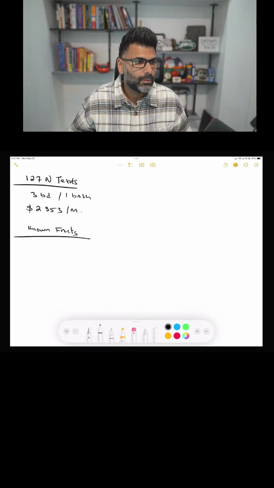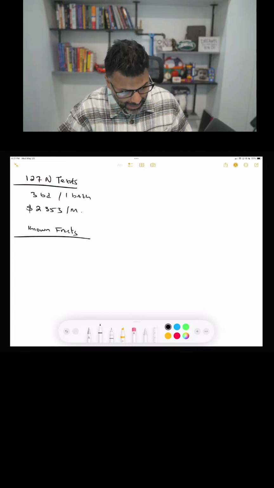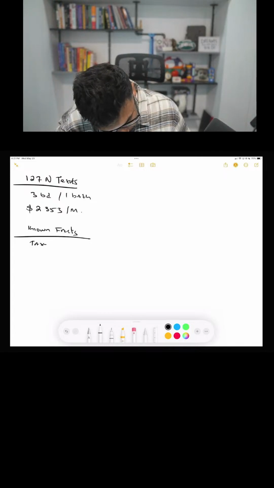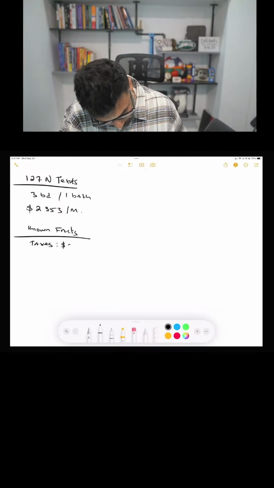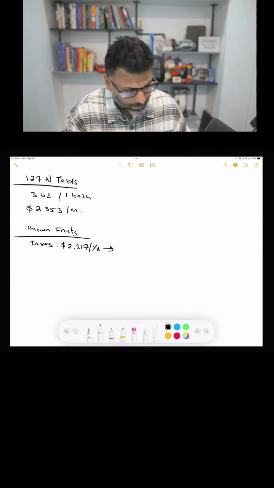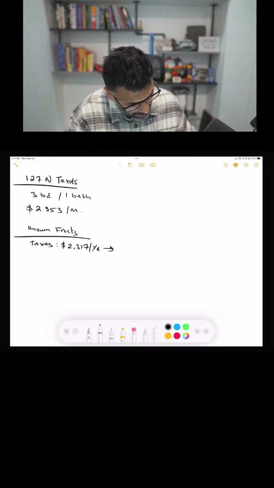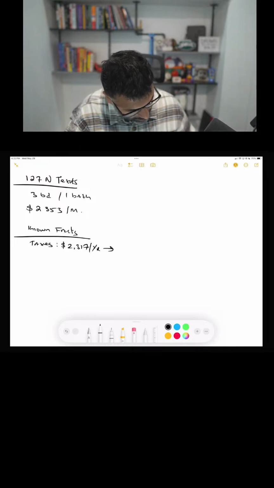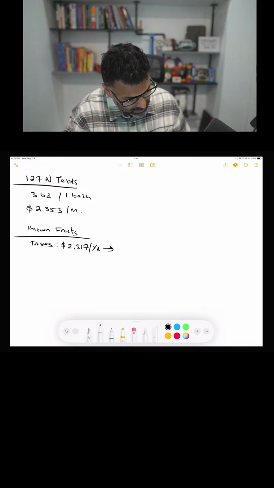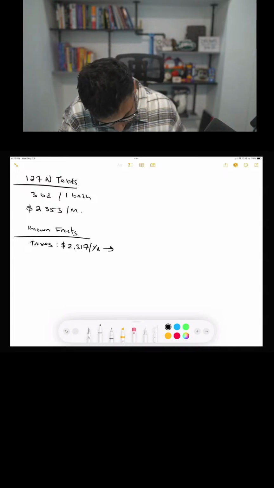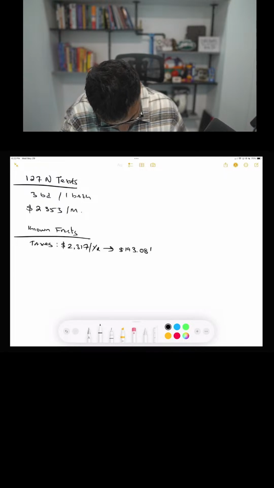Well, we know that the taxes for the year are 2,317 per year, but I like to do it in months because it helps me break it down and properly calculate out. So 2317 divided by 12, so that's $193.08 per month. Okay.